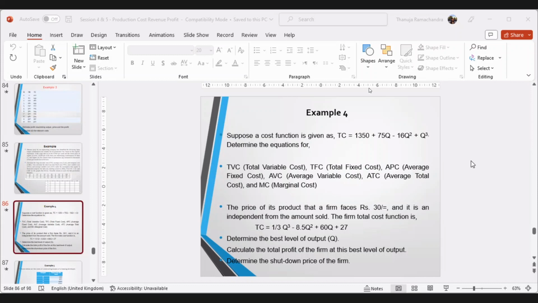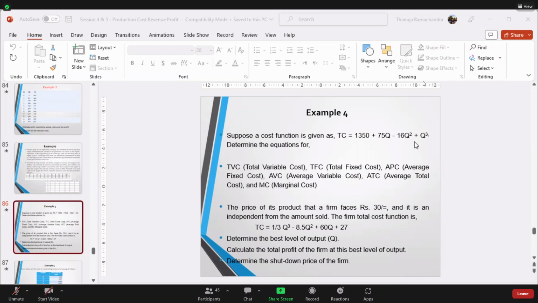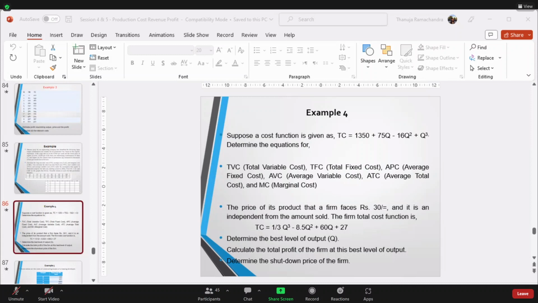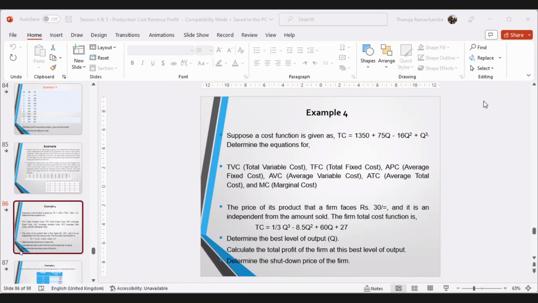Right. So, did you get this one? This is just to recall whether you understand. TVC. What is the TVC component here?